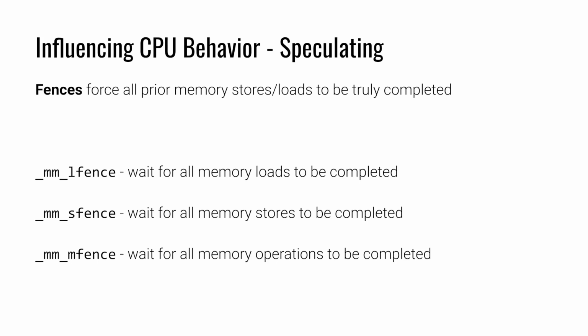Now, if we're more interested in the stores to memory, then we would use an S fence. That means we're not going to speculatively store anything to memory. Instead, we're going to wait at this S fence until all stores are in fact real. We aren't going to march ahead and speculatively continue execution.